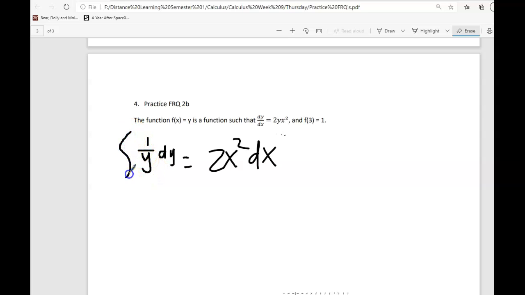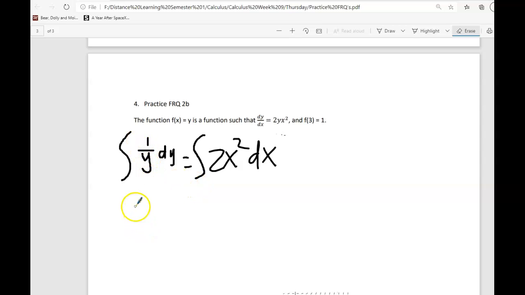The next thing we're going to do is we're going to integrate. Now, in this case, if you guys had a 2y down here, to simplify this problem, you're going to have to do some u substitution. If you left your 2 over here, you can avoid that. That's why I did it. But you will still end up with the same answer no matter what, so it doesn't matter. But I went the way that makes the process a little bit easier.